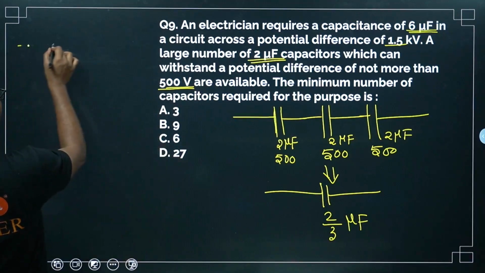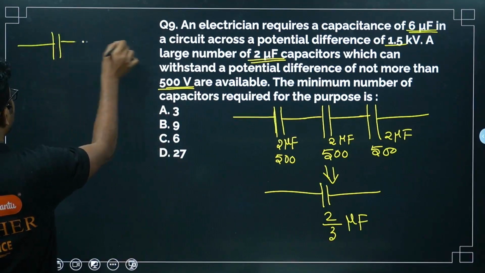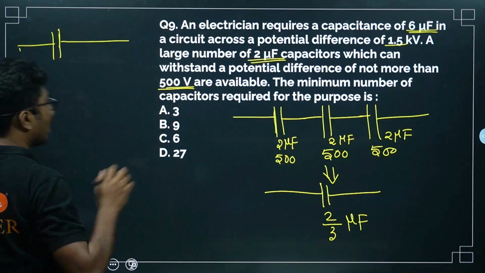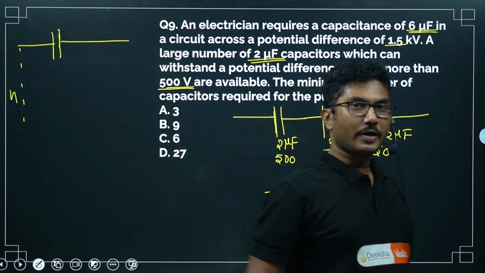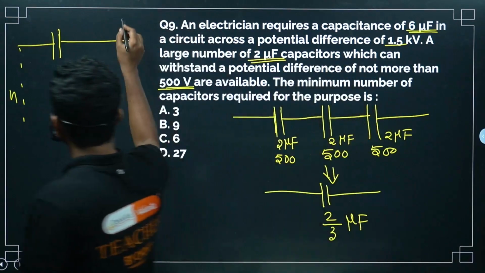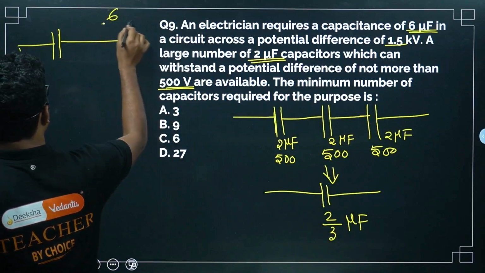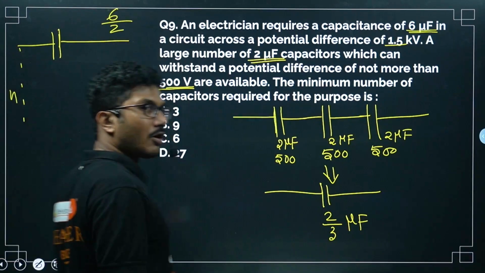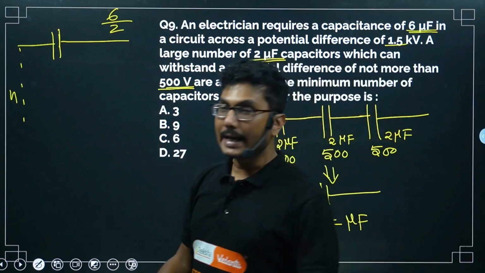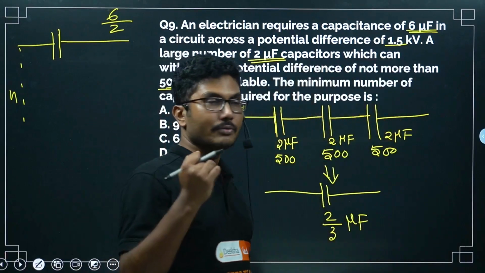Now suppose we have n number of such rows. For 2 microfarad capacitors, we needed 3 rows. How did we calculate that? 6 was our target divided by the capacitance of each row. But that was not able to withstand the 1.5 kilovolt that we needed.